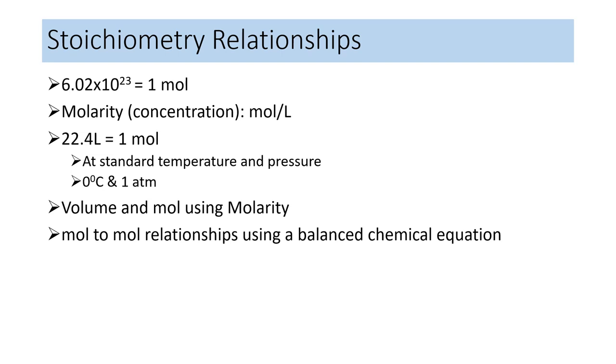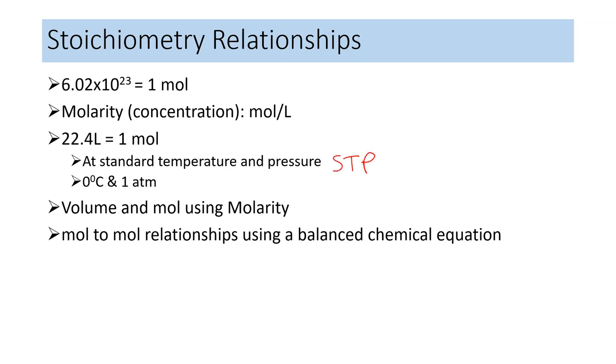We have a lot of stoichiometric relationships here now that we have a mole, now that we've introduced this. We can say Avogadro's number equals 1 mole. We can use molarity, which is concentration, as moles per liter. We can say 22.4 liters equals 1 mole, and this is only at standard temperature and pressure, STP.